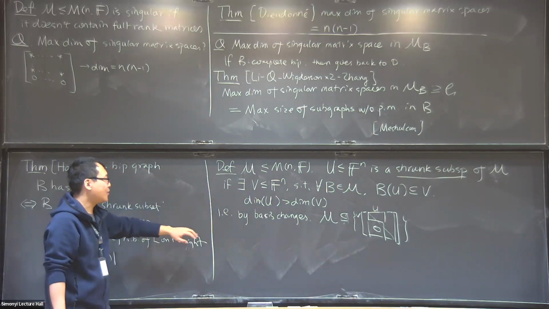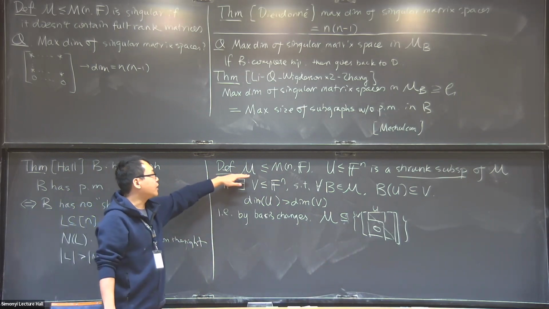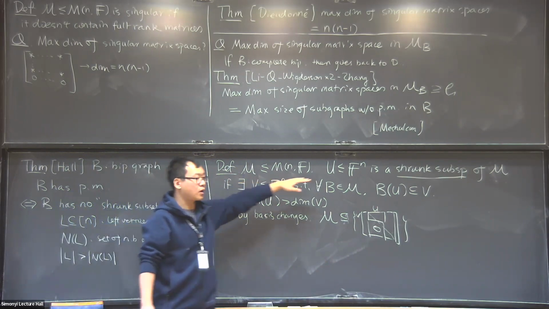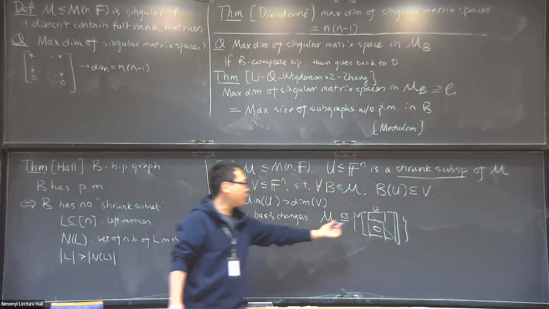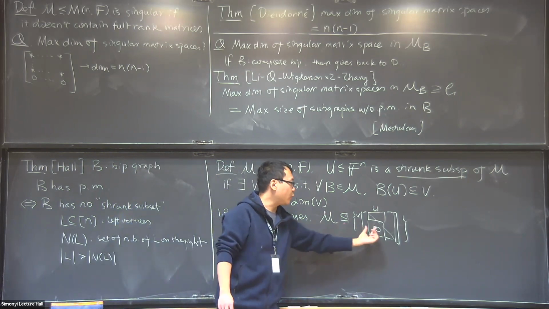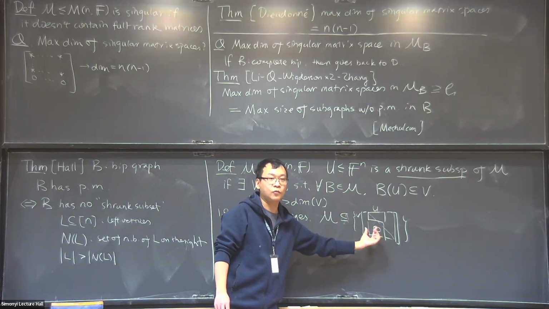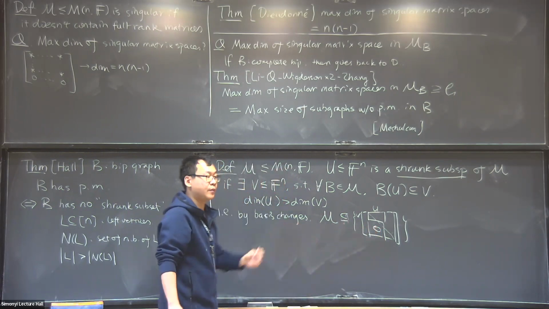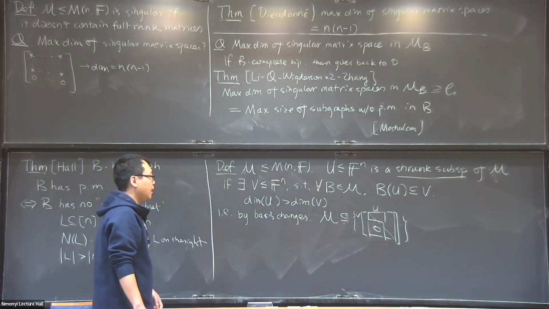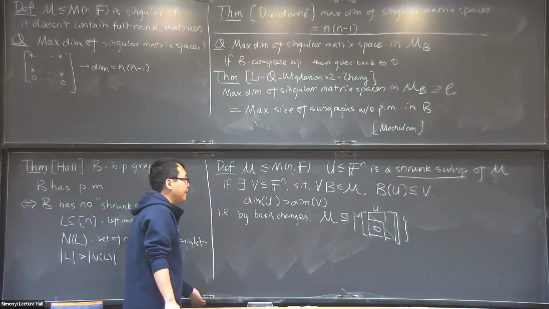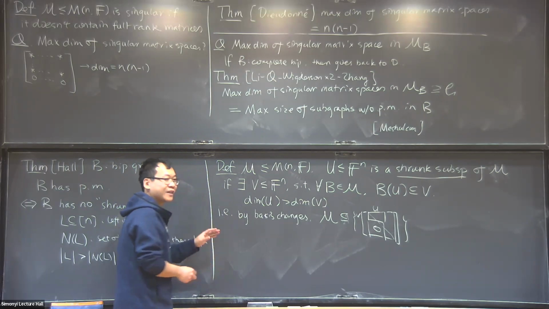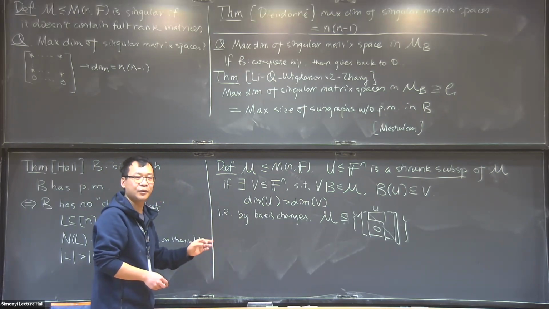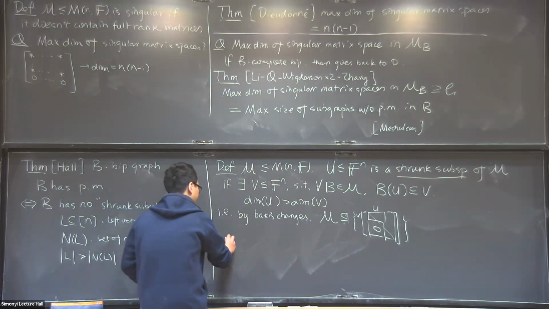And you can also see that if a matrix space admits a shrunk subspace, then it must be singular, because every matrix in the space M will be of this format, right? It has to be singular. So this will be a singular matrix space. And now we also want to build connections. This is some connection which is kind of evident in the literature, but probably not really written somewhere.